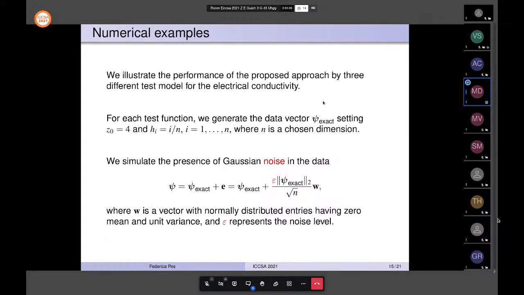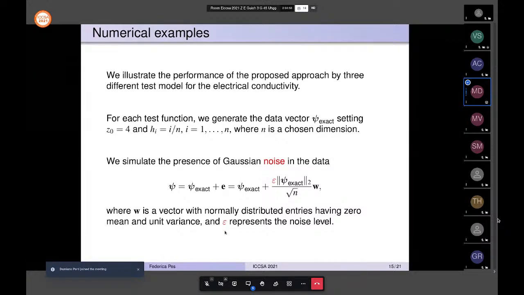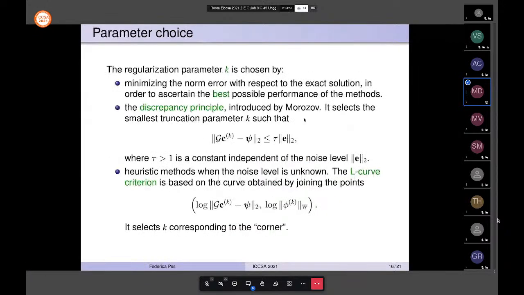Now we illustrate some numerical examples. We add Gaussian noise to the exact data, where epsilon represents the noise level. We estimated the regularization parameter in different ways.